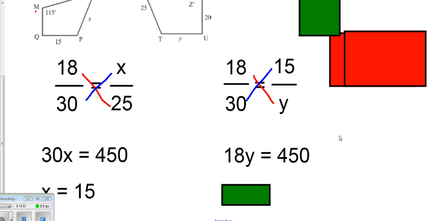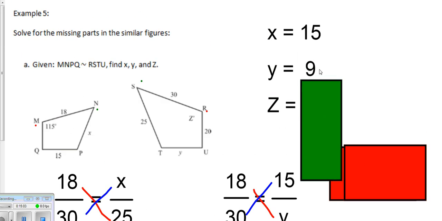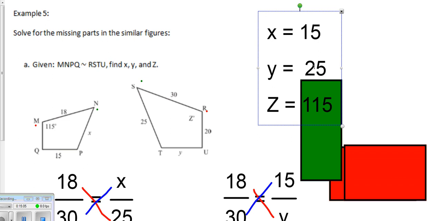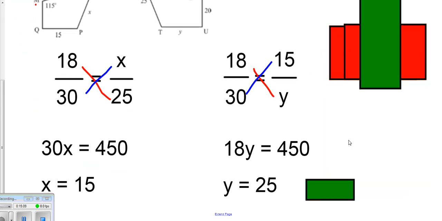Divide both sides by 18, so 450 divided by 18 is going to be 25. So y in this case should not be 9, it should be 25. So this would be our work for those two.